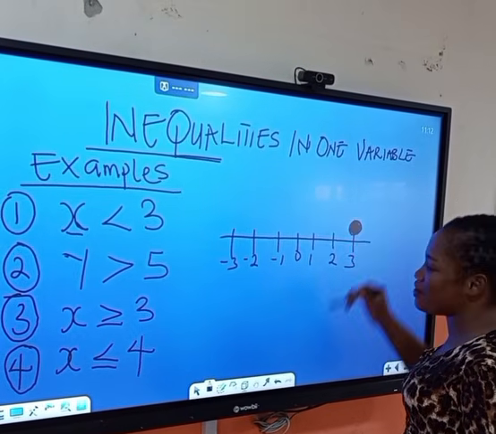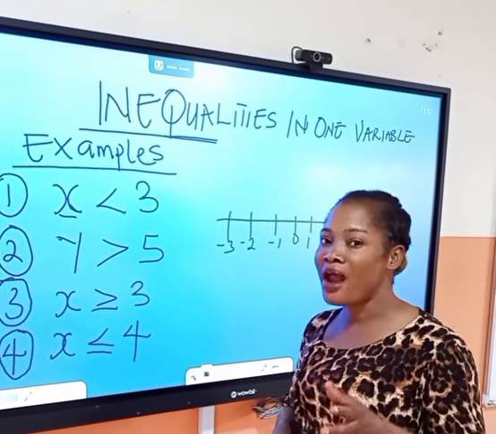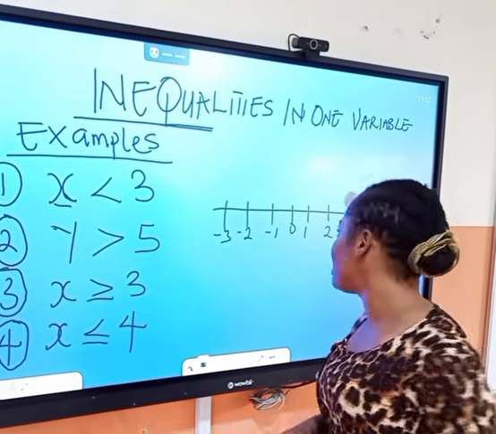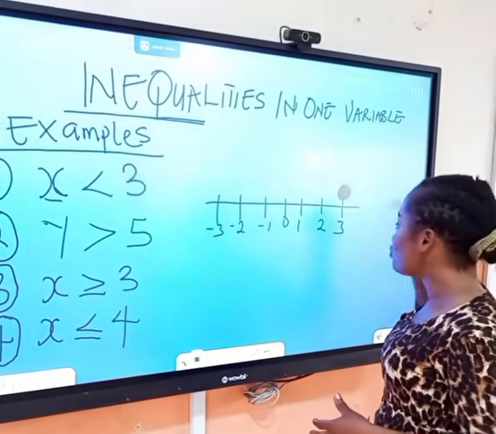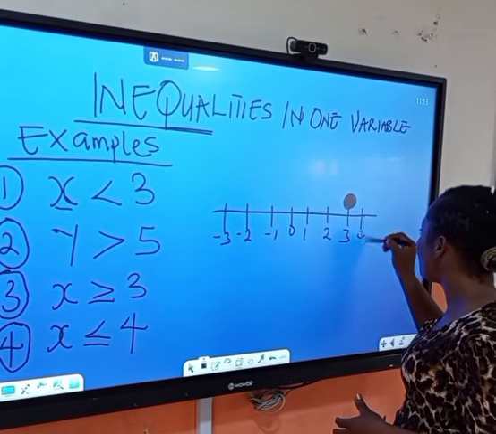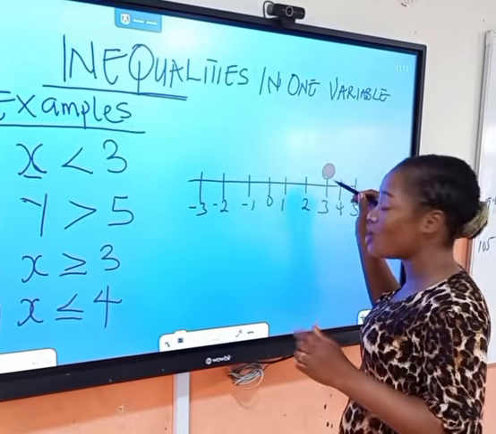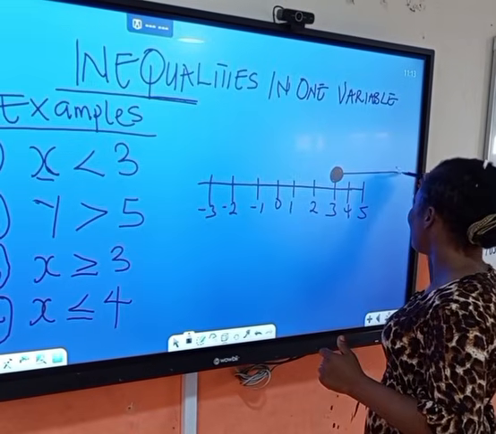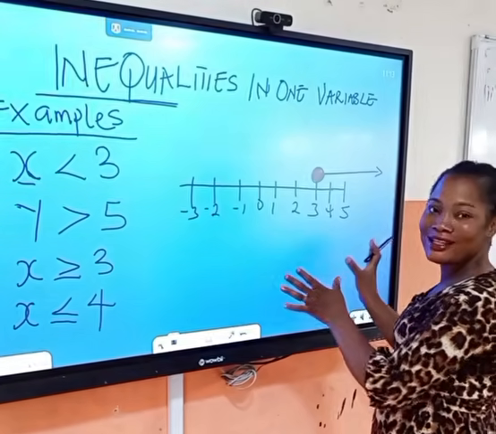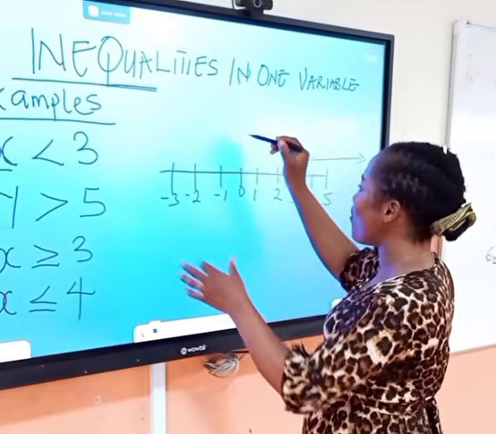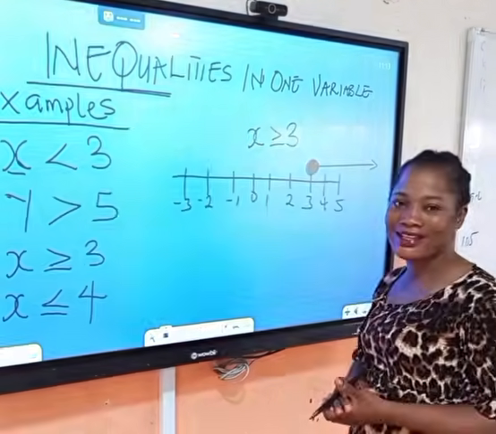And then you ask yourself, where are those numbers that are greater than 3 located? They are located at the right hand side of 3, which can be 4, 5, and so on. So my direction is going towards the positive or greater than side, which is your right hand side. This is the graph of x greater than or equal to 3.